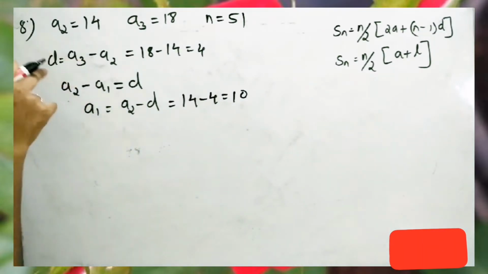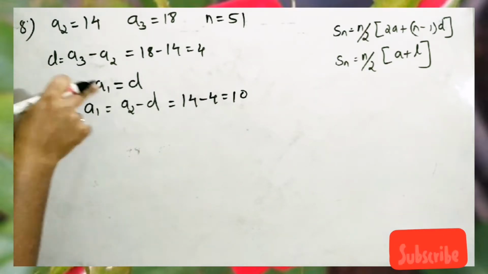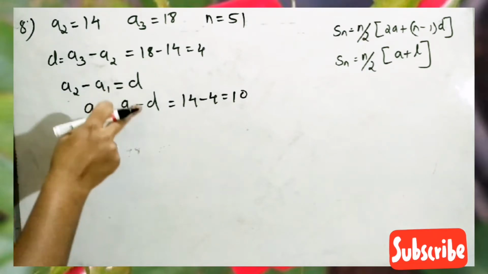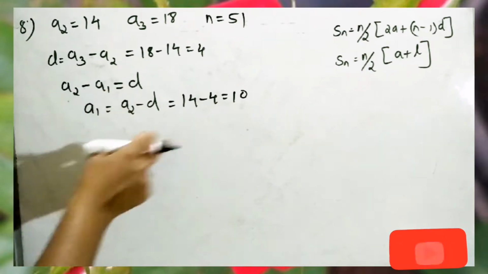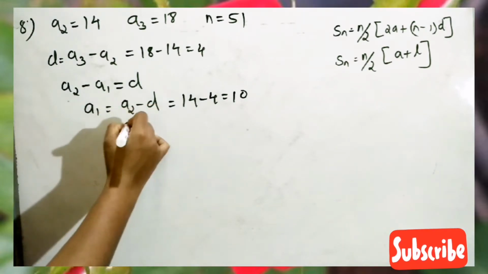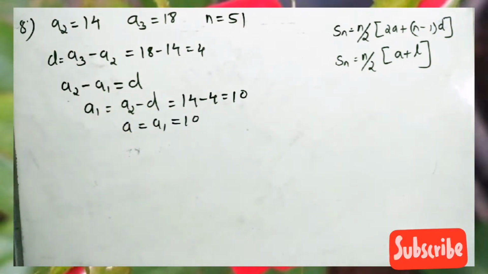We know that the difference of consecutive terms will give common difference. So the difference of A2 and A1 will give common difference. From this we can write A1 is equal to A2 minus d. Then just substitute those values. We will get the value of A1, that is equal to 10. And this A1 is actually our a. So a is equal to A1 is equal to 10.